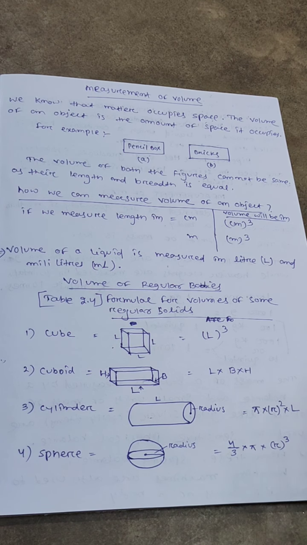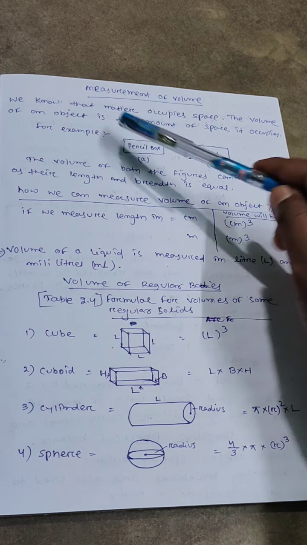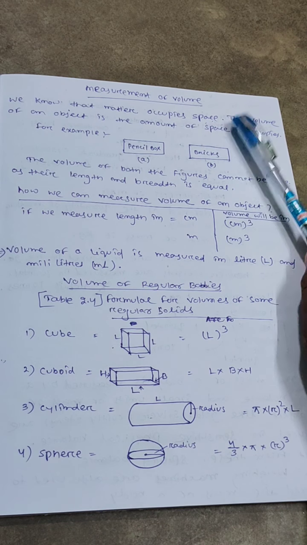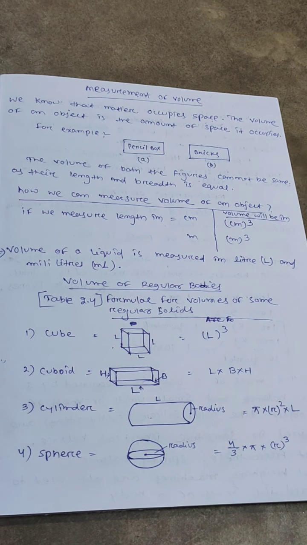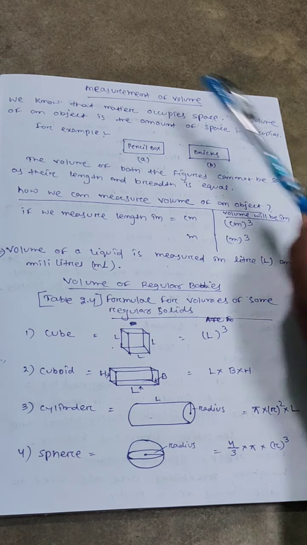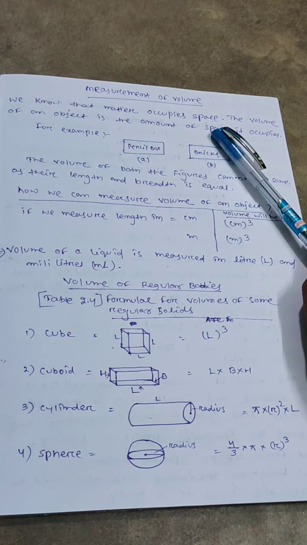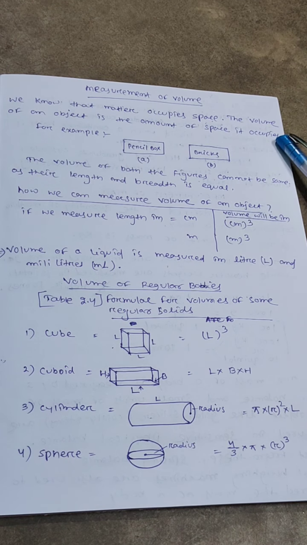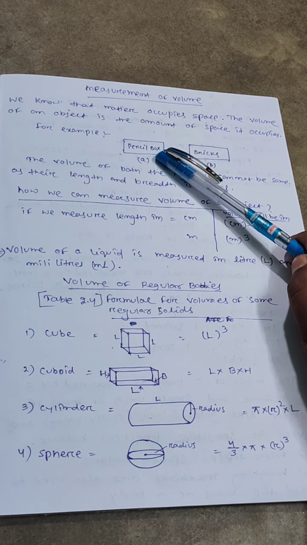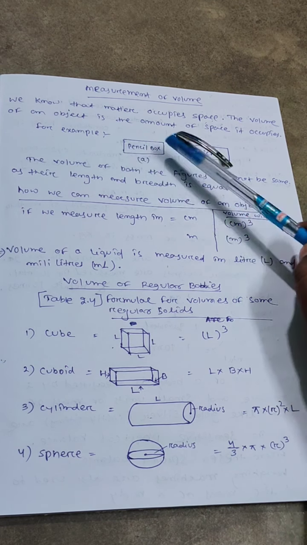Now moving into the measurement of volume. We know that matter occupies space, and the volume of an object is the amount of space it occupies. For example, here is the same structure with the same length and breadth.